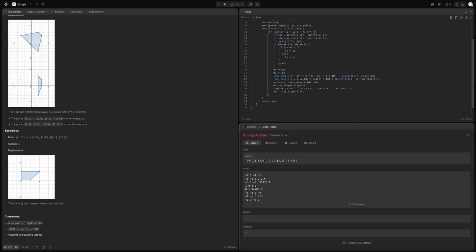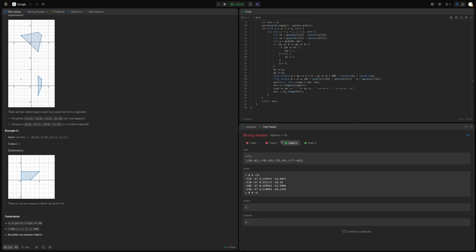Okay, well now even more cases are bad. So first we got 0, 1 slope, or what? No. So we got slope going like this.